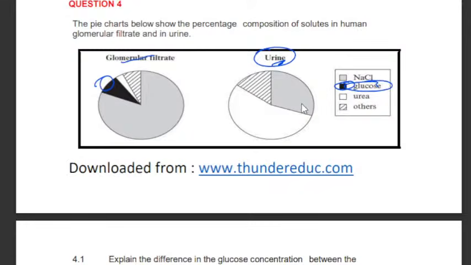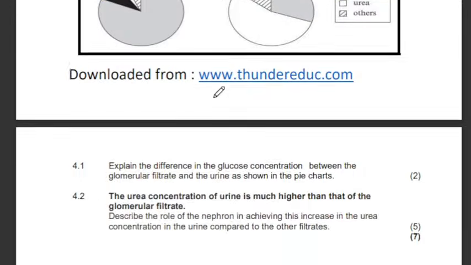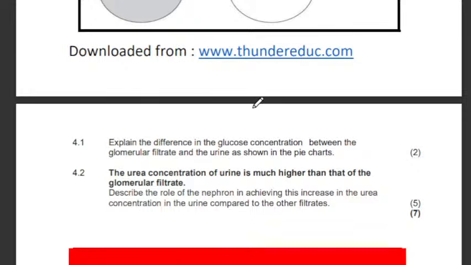We are not ready to lose anything from that side. Therefore, all of it is supposed to be reabsorbed back into the body. So the answer here, you can talk about how all glucose was reabsorbed in the proximal convoluted tubule.